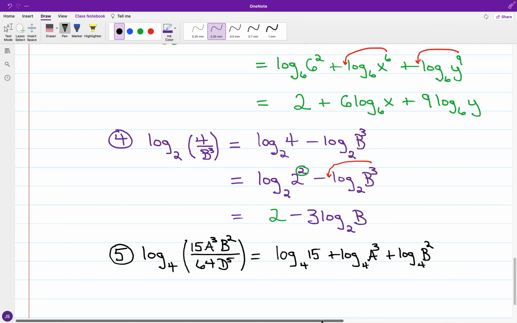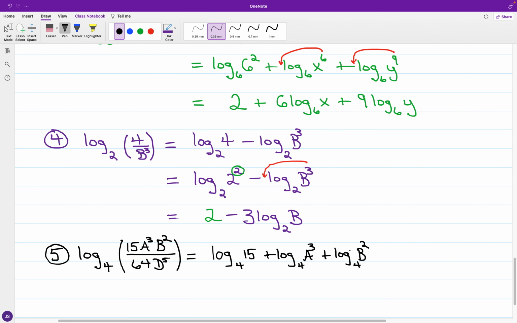Now for what we have in the denominator, any individualized base 4 logarithmic term from these parts will be negative. So 64 is on the bottom, so we have minus the base 4 logarithm of 64. Likewise for d to the fifth, that is in the denominator, so we have minus the base 4 logarithm of d to the fifth.